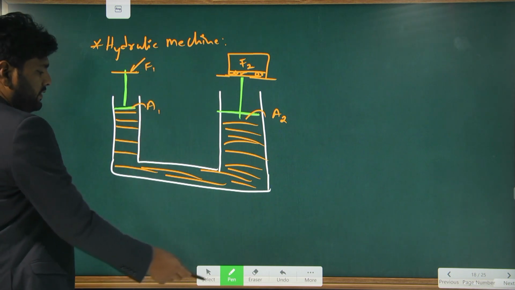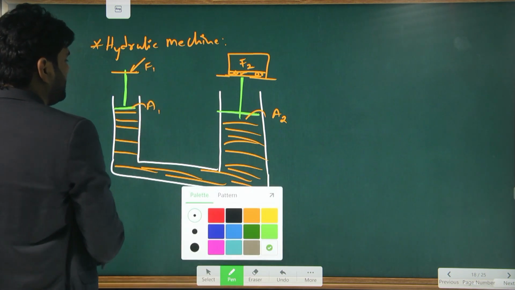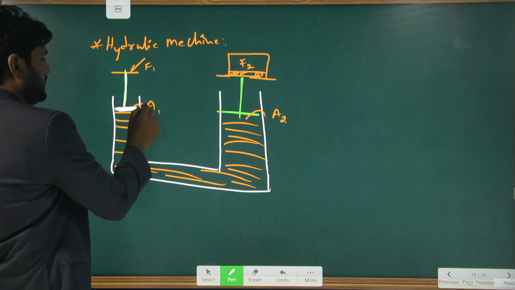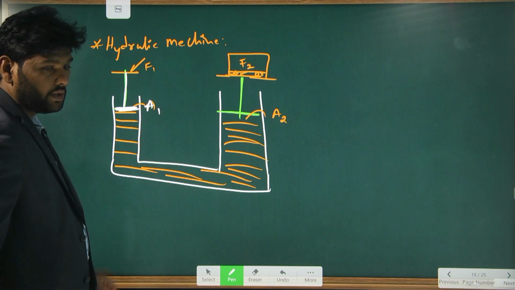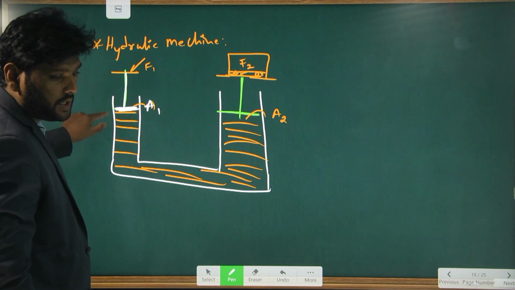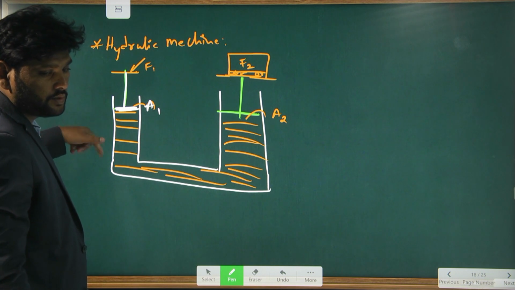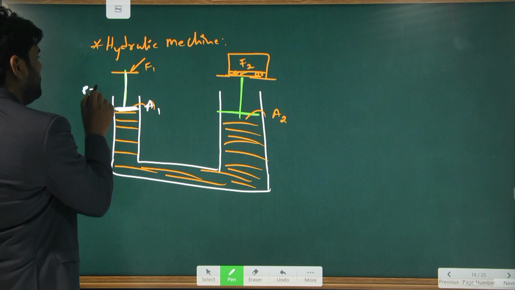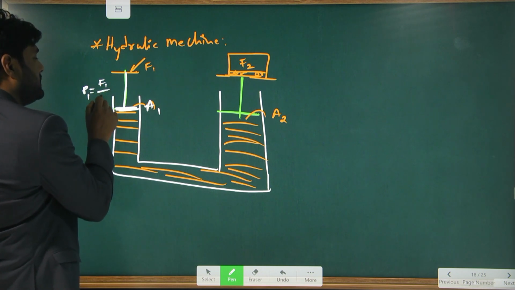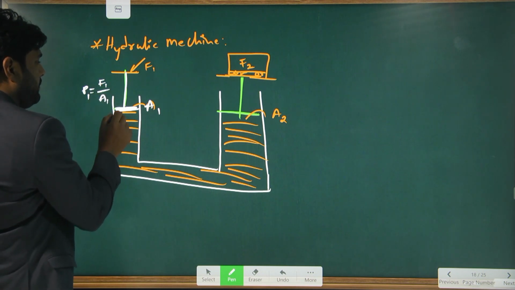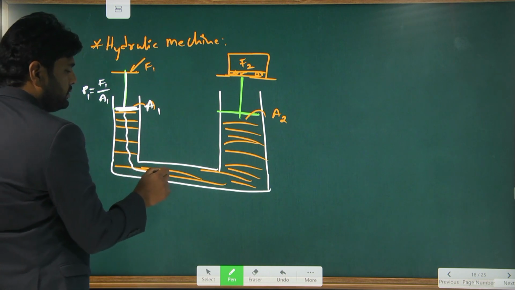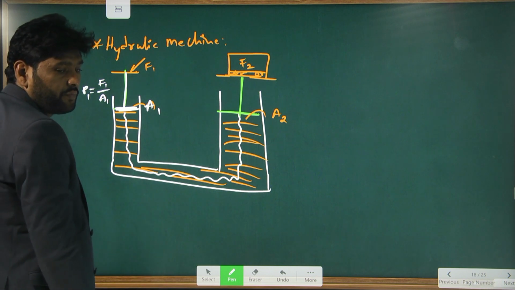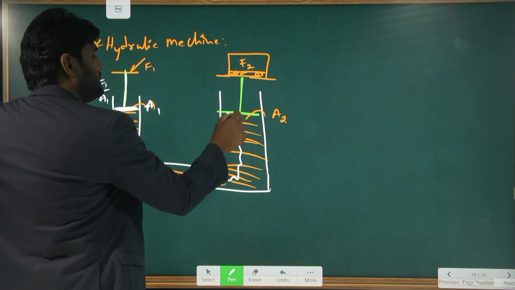When I apply the force F1 across this small plunger, this force presses on the piston of cross-section area A1. Because of this force acting on area A1, some pressure is exerted. You can take the pressure as P1. P1 is equal to F1 by A1. That pressure is transmitted through the incompressible liquid to the other side.